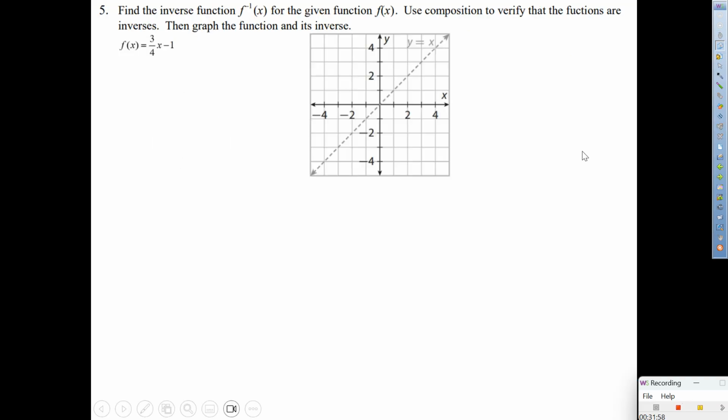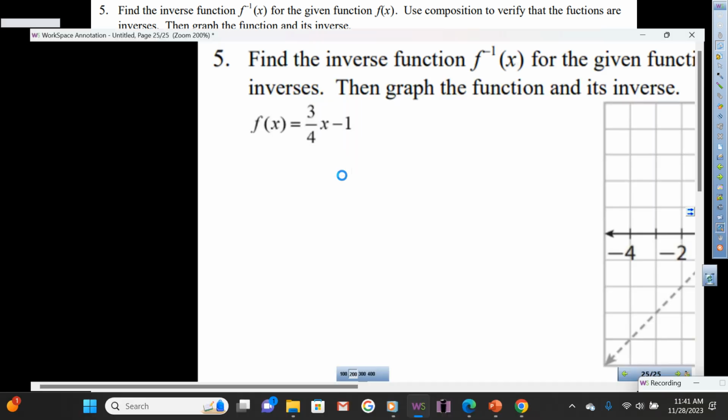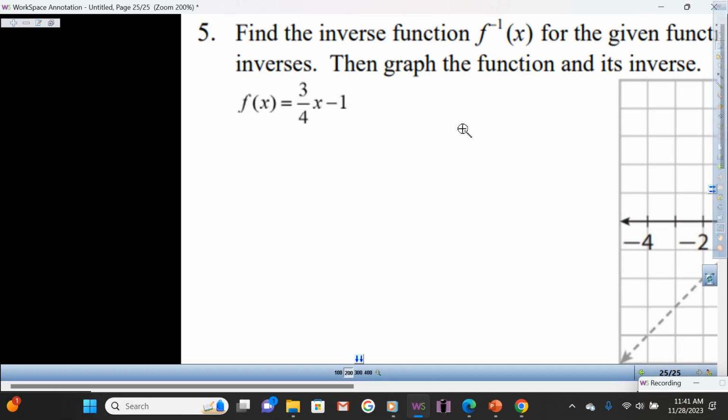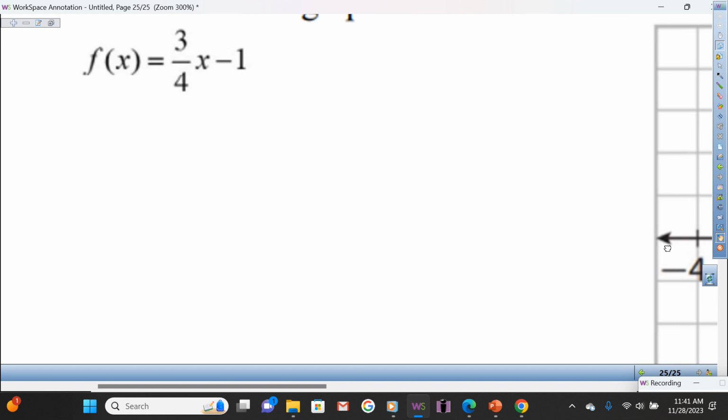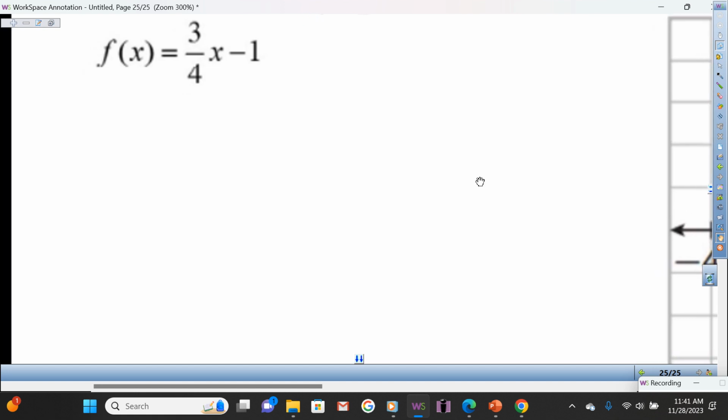Number 5. Let me zoom in. It reads, find the inverse function of that one. So I'll give you a head start. But tell your neighbor what's the first thing we do right away to get started.